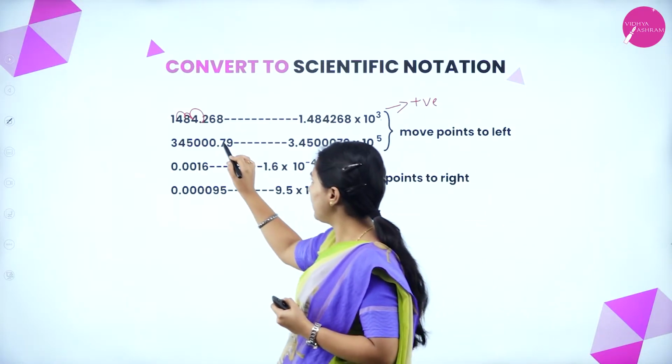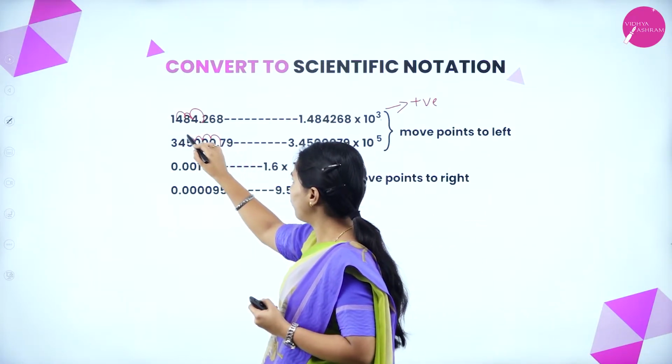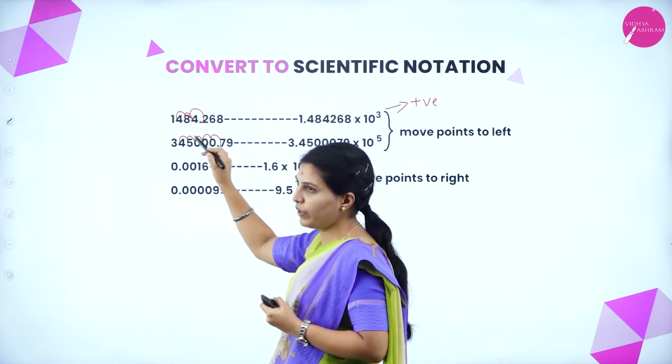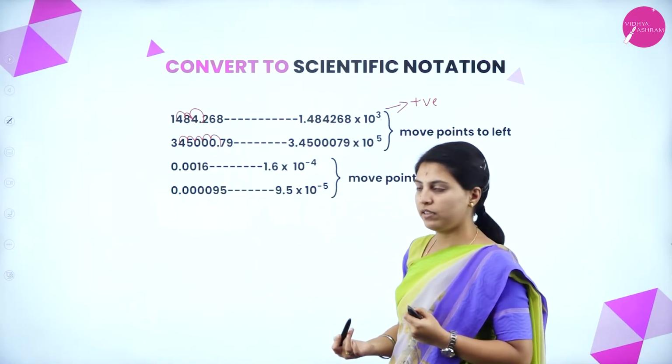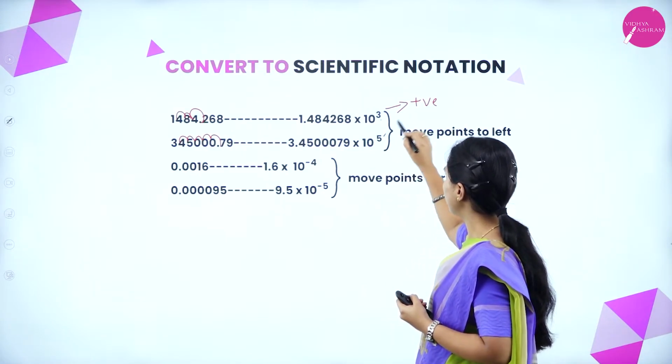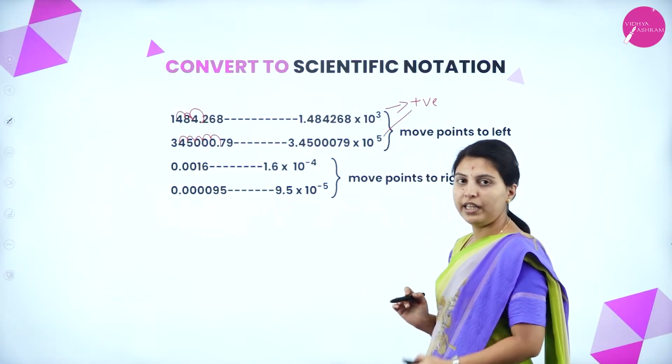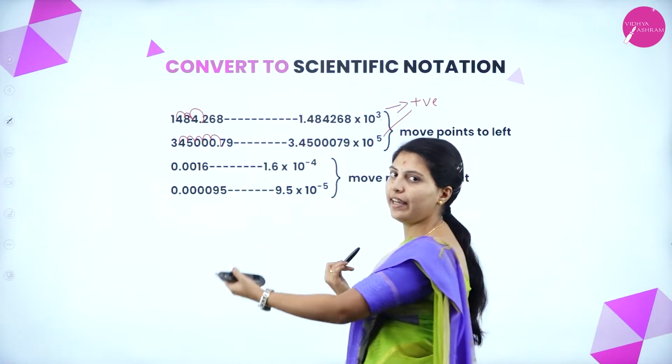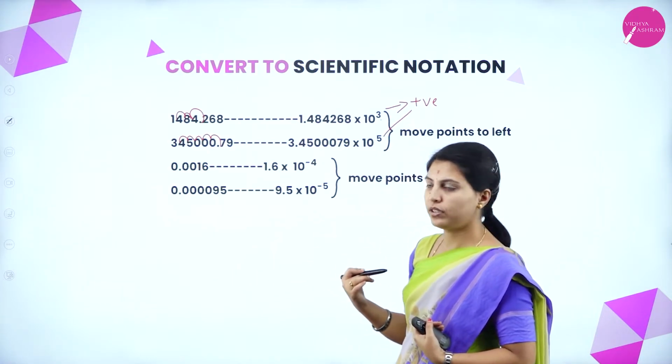Another example, see here, 1, 2, 3, 4, 5. This decimal is moving 5 places, so you get 10 to the power of 5 with a positive sign. If the decimal is moving towards the left, then positive sign.